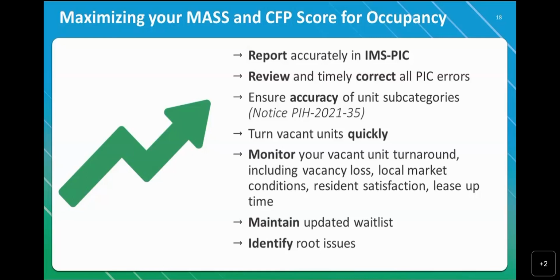So make sure you follow your processes and procedures and purge frequently and often. And then, of course, anything you find in management that you see as a pain point, go after the root issue, identify it, have a team meeting, go over it and see what you can do to help improve occupancy and turn units quickly.